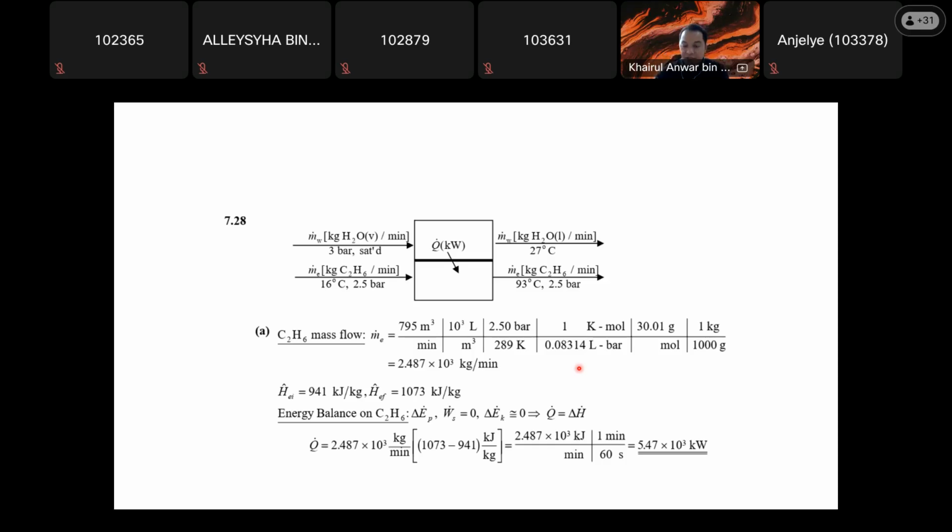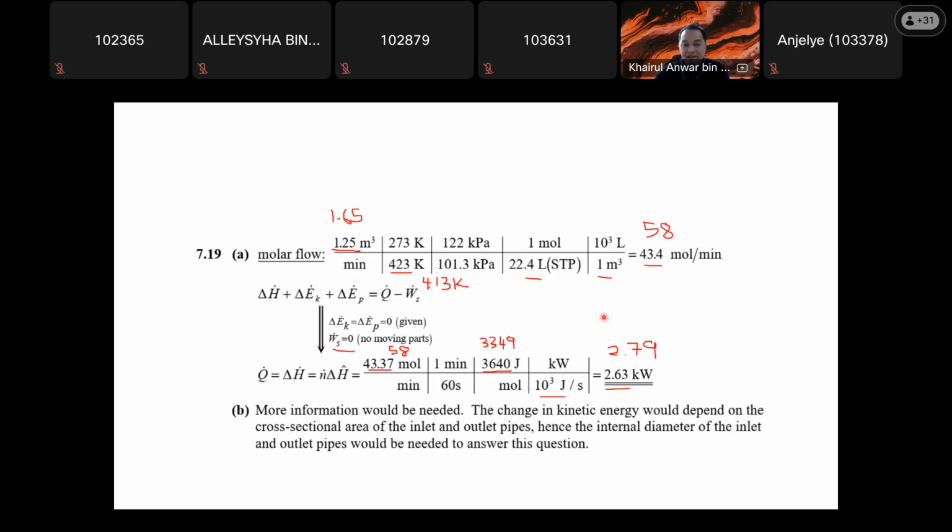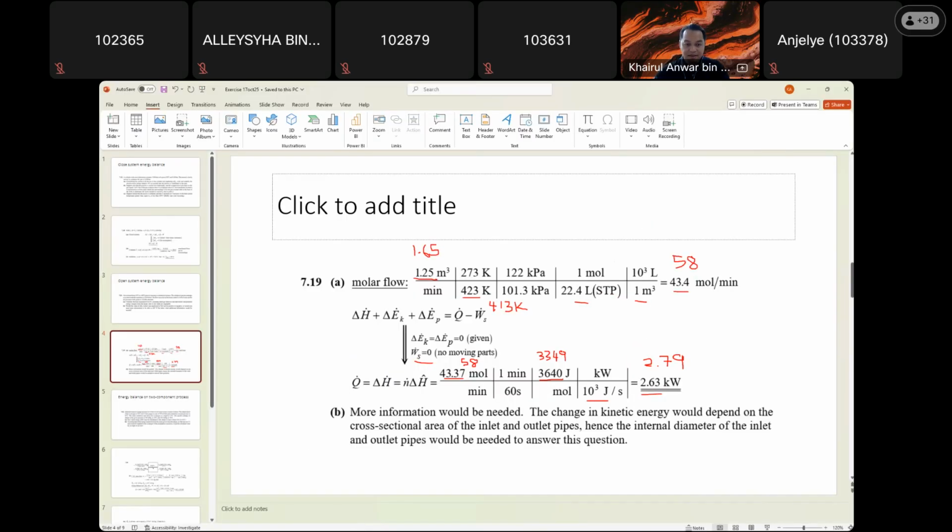To convert to molar flow rate, just use STP, because you can check the standard temperature and pressure, 22.4. So STP.